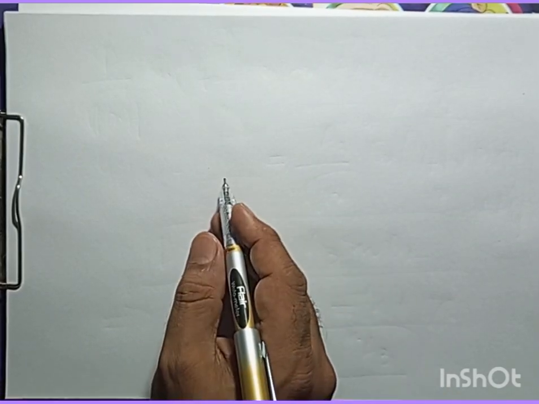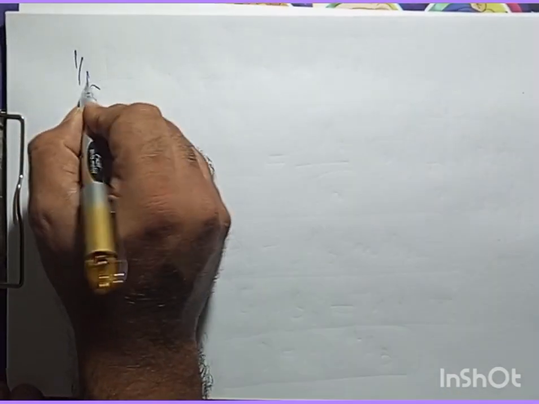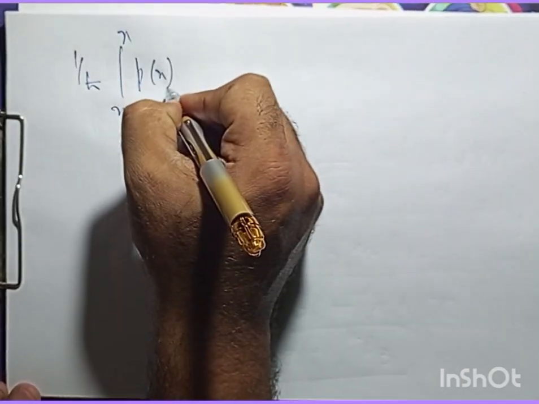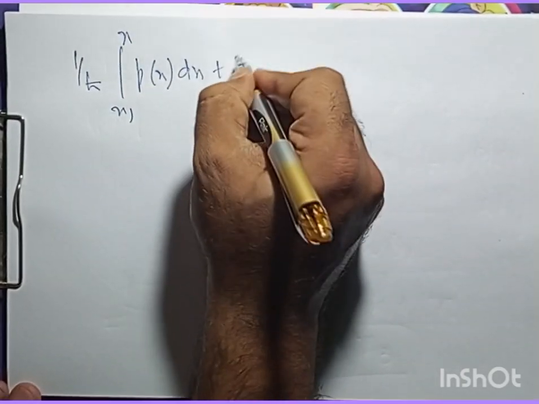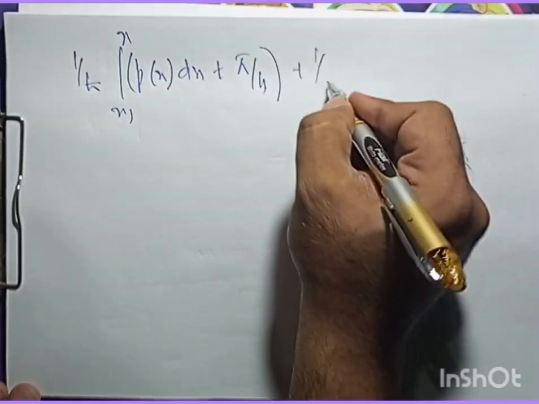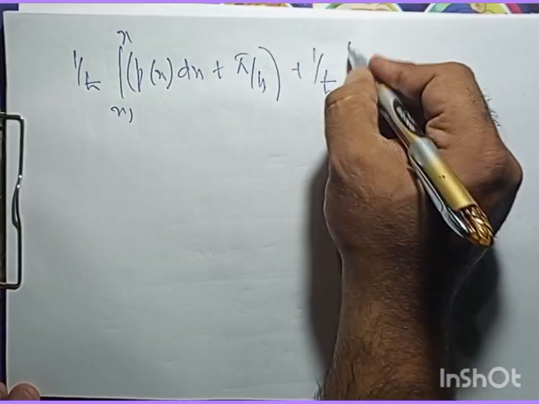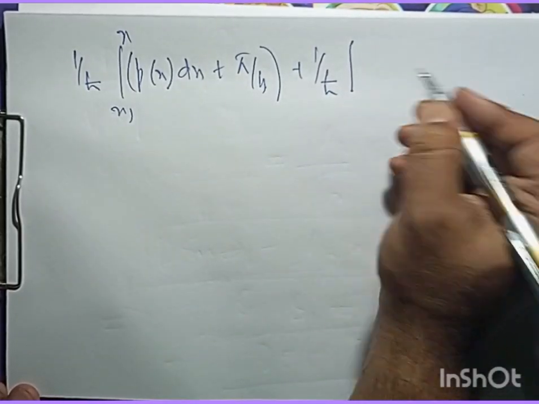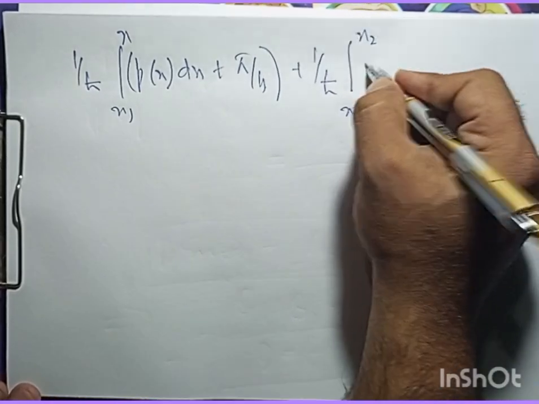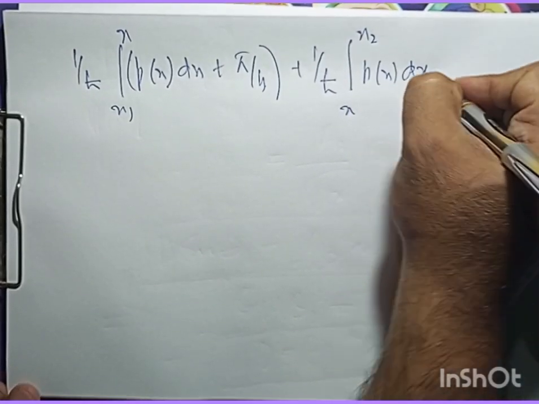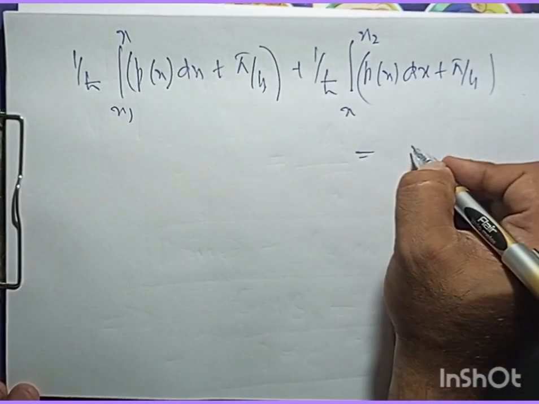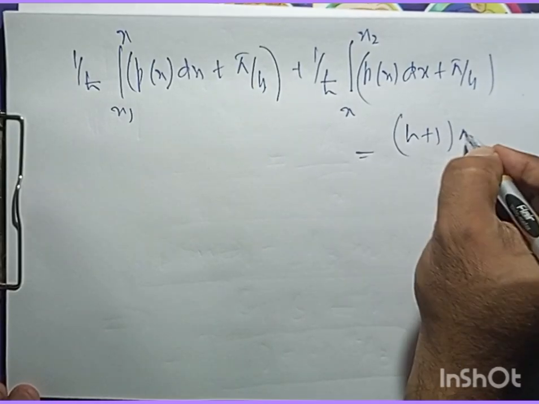So we can write 1 by h bar integral from x1 to x of p of x dx plus pi by 4, plus 1 by h bar integral from x to x2 of p of x dx plus pi by 4, must be equal to (n plus 1) times pi.